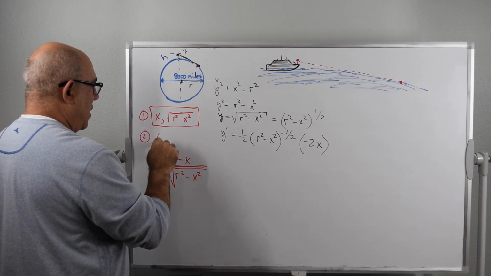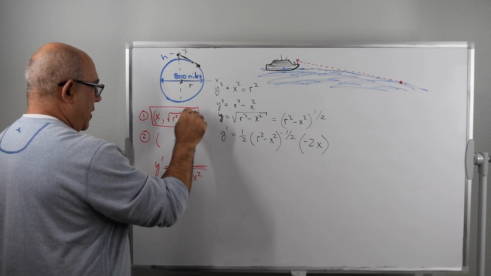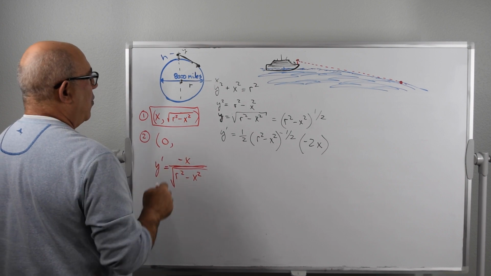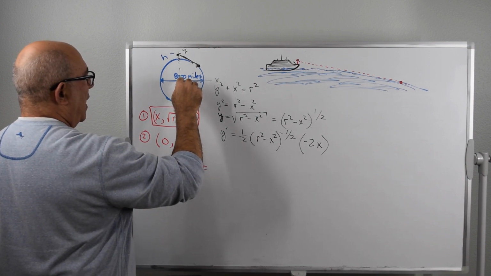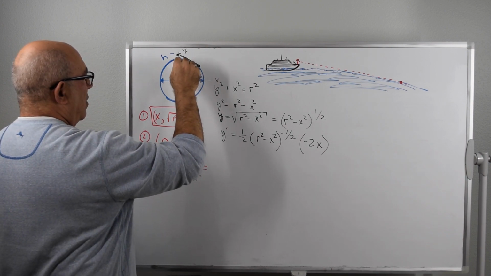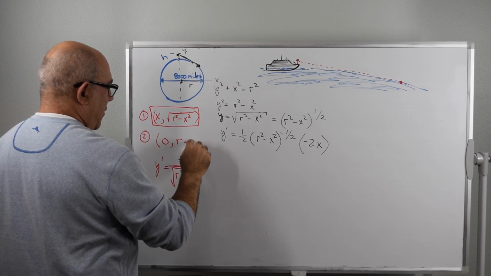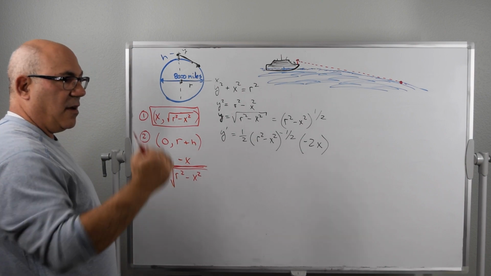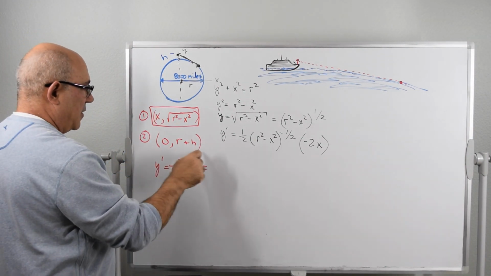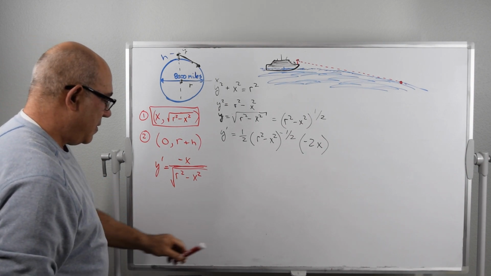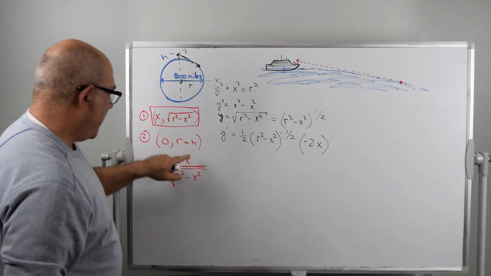So we know x, this is a point here, this x is 0. Then what is y? Well, y is going to be r plus h, so the radius of the earth plus the height above the earth that we are. That is the value of y.